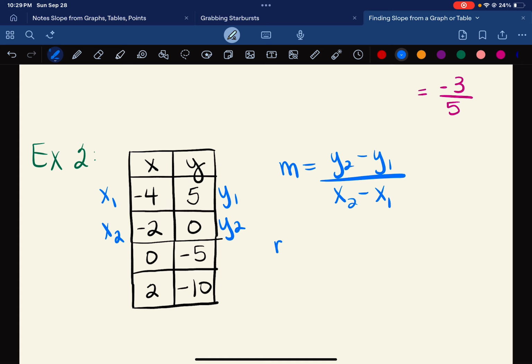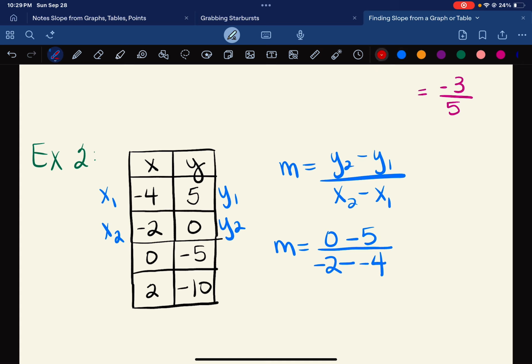And when you're first learning slope, the more that you write this formula down, the more likely you are to remember it. So our y2 value is 0 minus our y1 value of 5 over our x2 value of negative 2, and then minus our x1 value of negative 4.